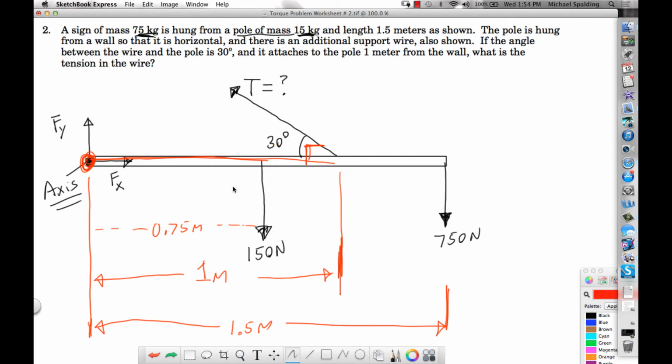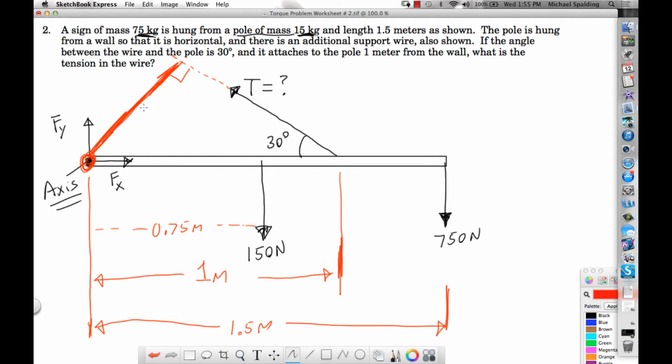No. So how do we get a perpendicular distance? Well, what you can do is extend the tension up, and you can draw a perpendicular distance. So this distance right here, that's the perpendicular distance to the tension. Does that make sense?